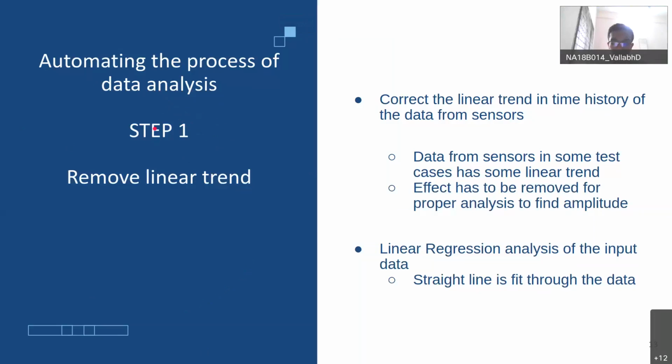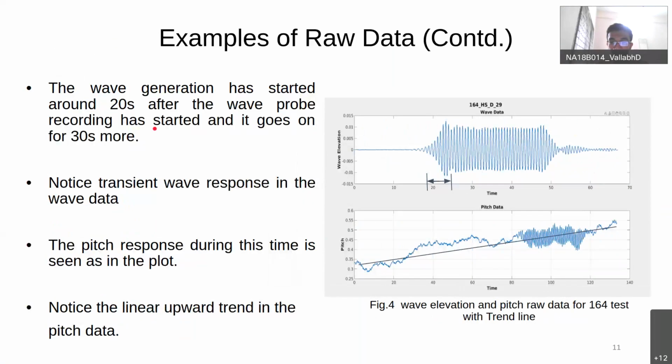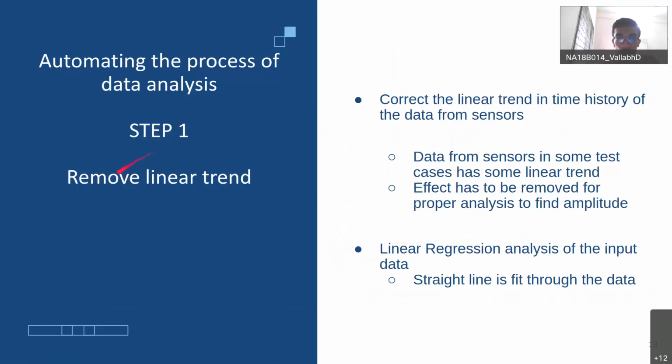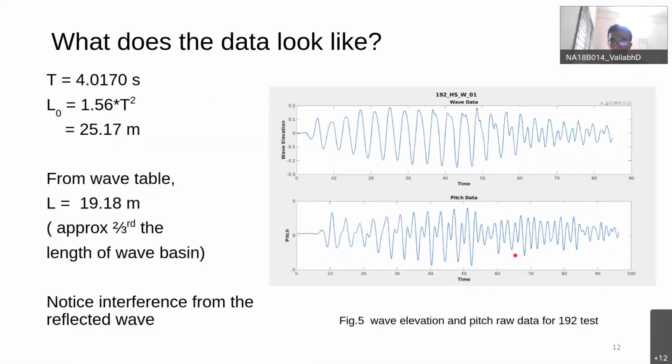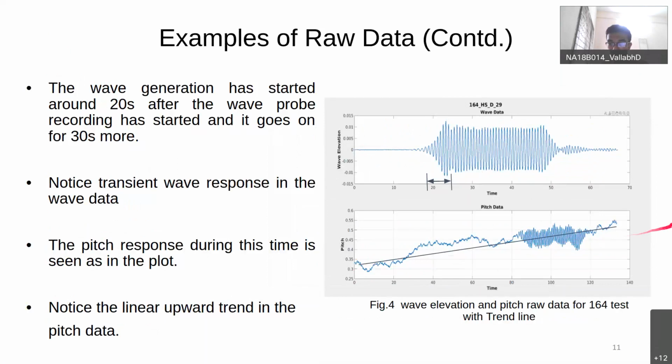So as we saw in the previous slide, the data has a linear trend, so we need to remove that trend from the entire data. It is necessary to get the proper analysis of the wave amplitudes. We do that by linear regression, and we get this straight line, and subtract the values of all the data points from this straight line value.